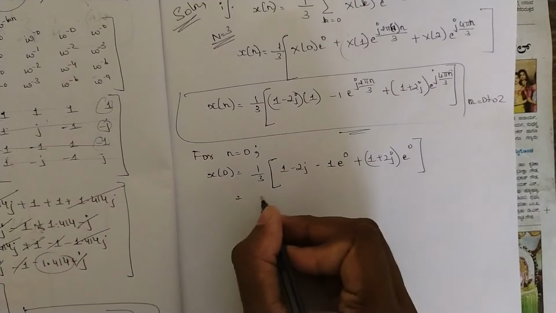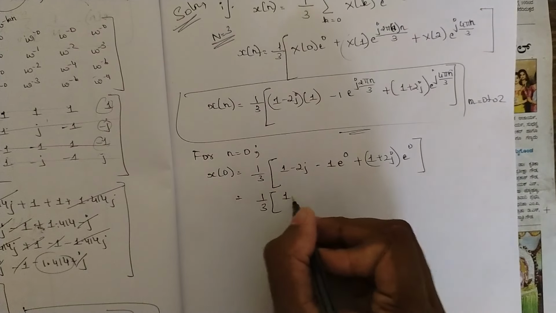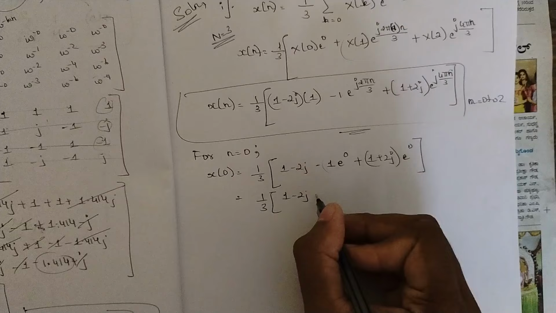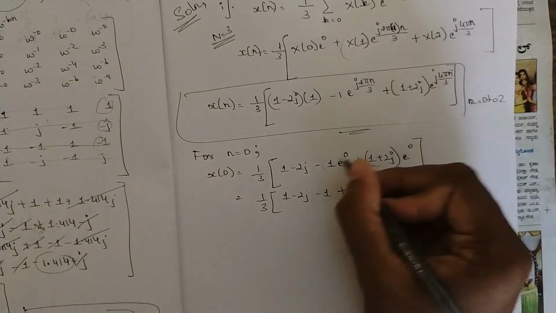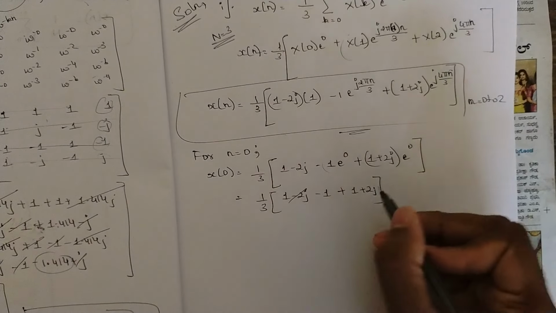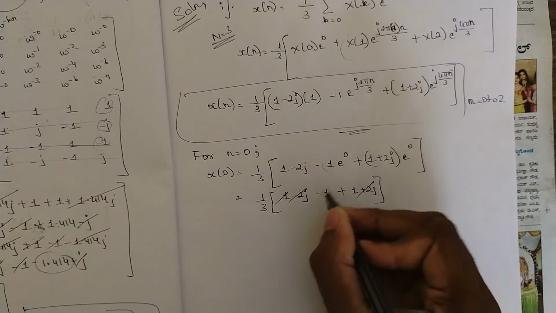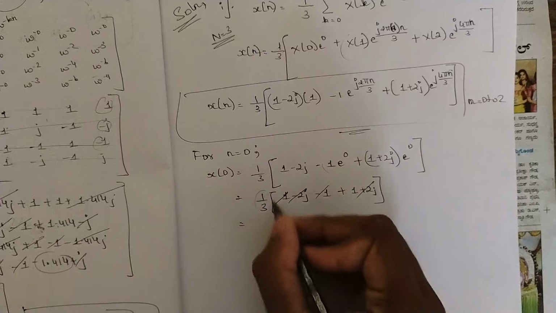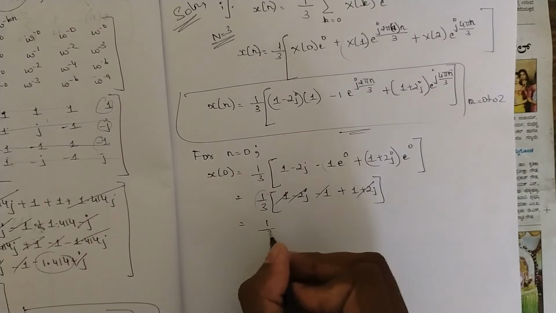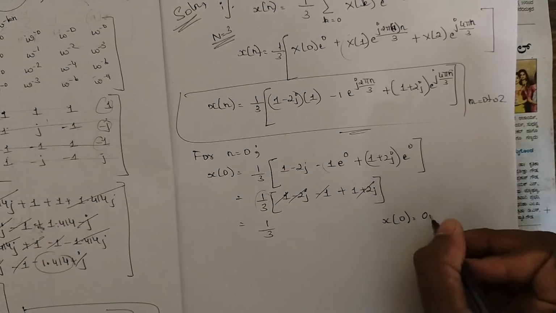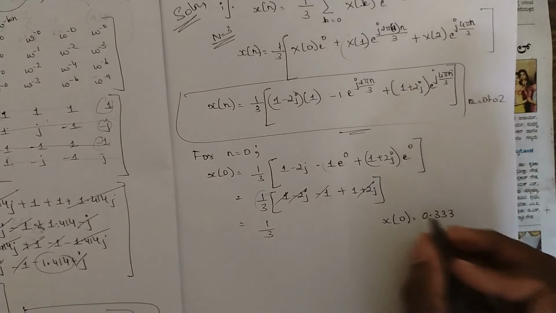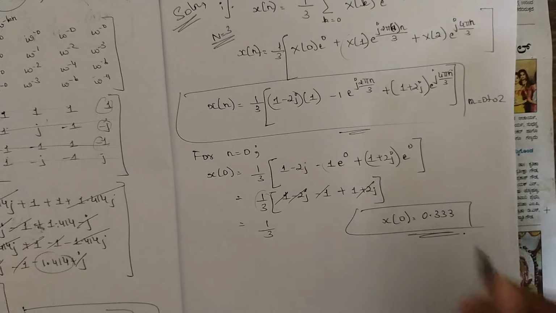Okay, so 1 by 3, 1 minus 2j, minus 1 plus 1 plus 2j, since e power 0 is equal to 1, minus 2j plus 2j gets cancelled, 1 minus 1 gets cancelled, we would be left with 1 by 3 into 1, so that is 1 by 3 itself. So our first value of x of 0 is 1 by 3, that is equal to 0.333.